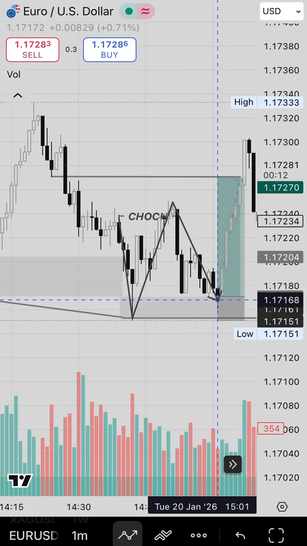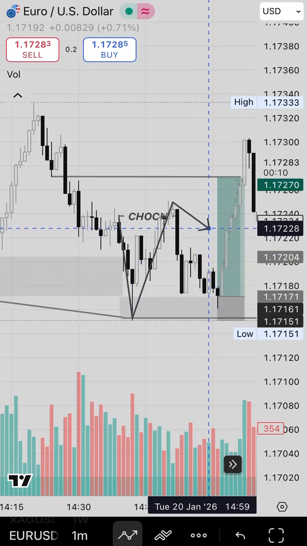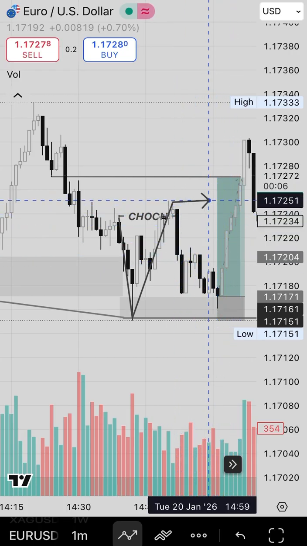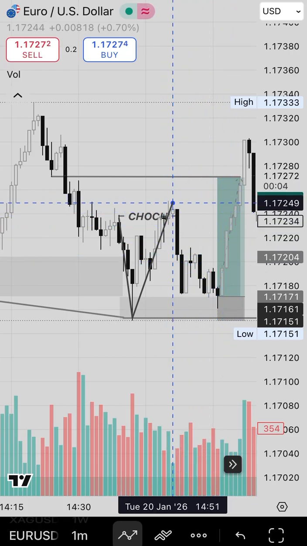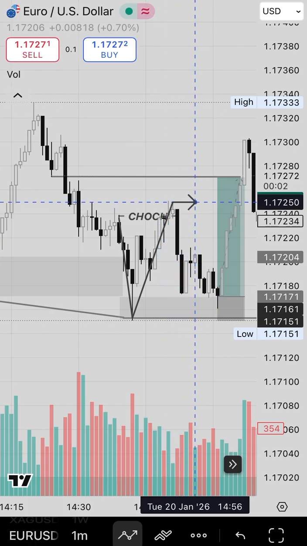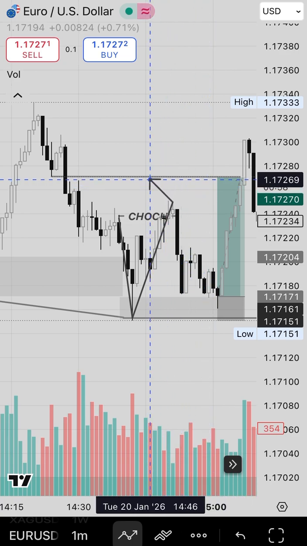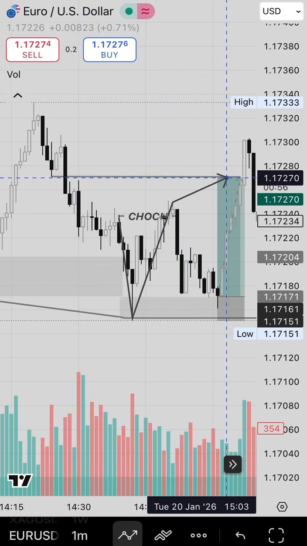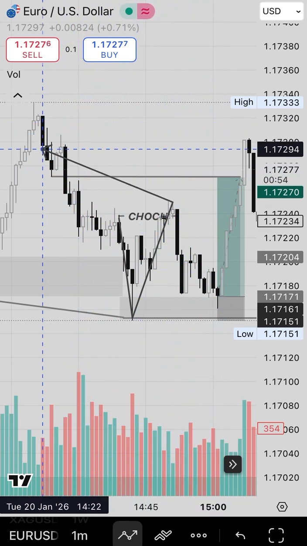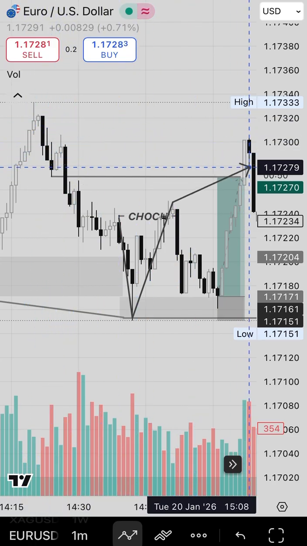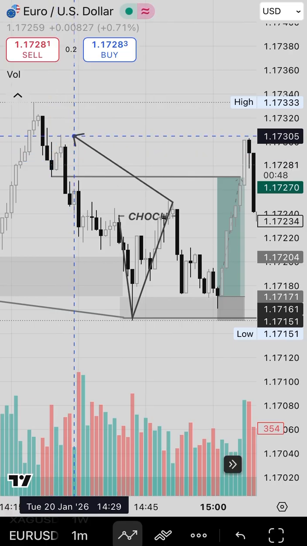Now, I took a buy order here immediately to take out this high. Some people might have used this high as their take profit, which is good. But I chose this level here because this is a value zone.